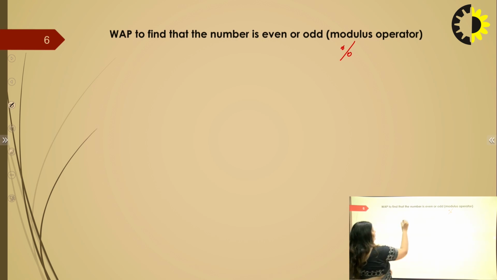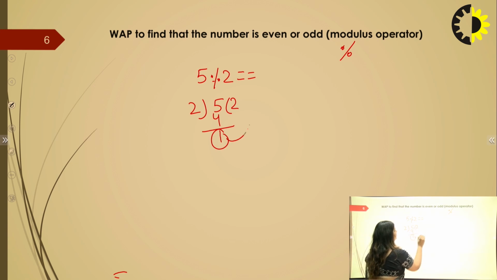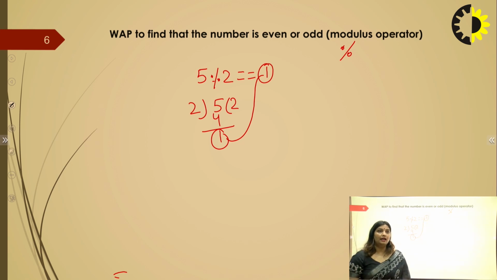If I say 5 modulus 2, what will it give? It will return the remainder. If 5 is divided by 2, 2 2s are 4 and the remainder is 1, so it will return the remainder. We can use this modulus operator to find whether a number is even or odd.